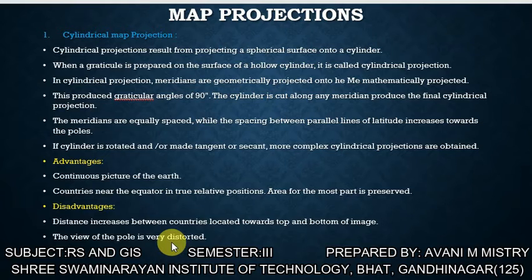In cylindrical projections, meridians are mathematically projected, and this produces real angles of 90 degrees, and the cylinder is cut along any meridian to produce the final cylindrical projection. The meridians are equally spaced, while the spacing between the parallel lines of latitude increases towards the pole.